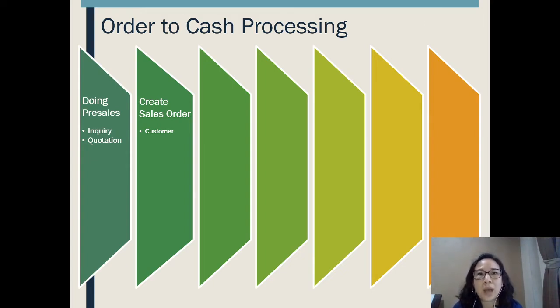So it means Anna will be the customer ship-to party. But then the one who pays is, let's say, Emily. So later Emily will be the customer payer. Okay, so it's possible for us to take note of different customer types in one order.